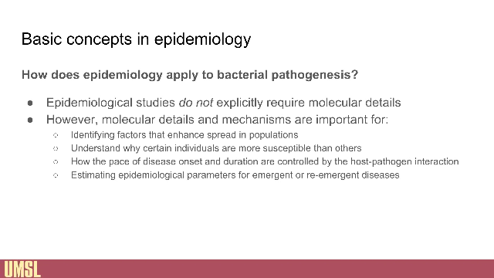And so understanding why certain individuals are more susceptible than others, and how the pace of disease onset and duration are controlled by aspects of this host-pathogen interaction. So why Salmonella typhi is so much worse for everyone in this room than Salmonella typhimurium, right? And it all comes down to the details.